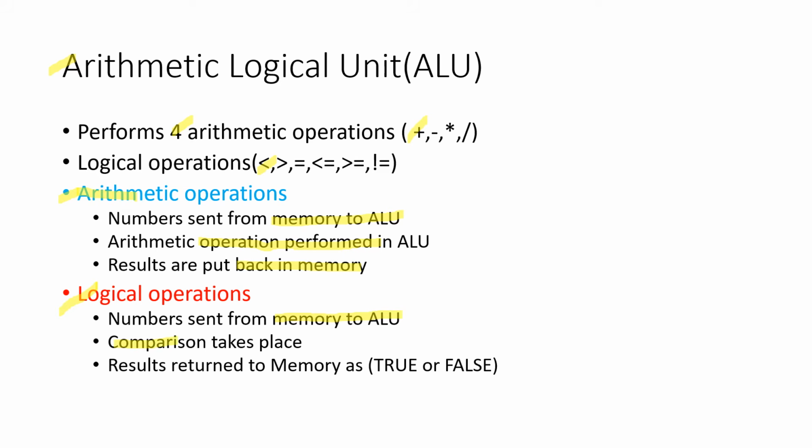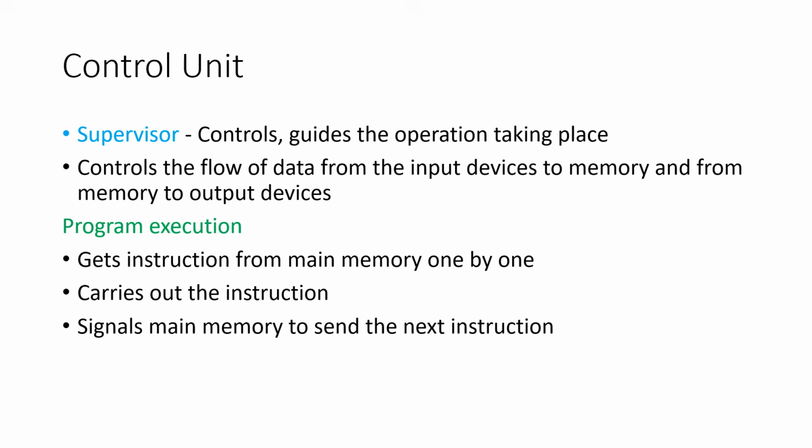The greater than or less than comparison happens in the arithmetic logical unit. The result is put back in the memory. Generally, a logical operation produces only two outputs: either true or false.